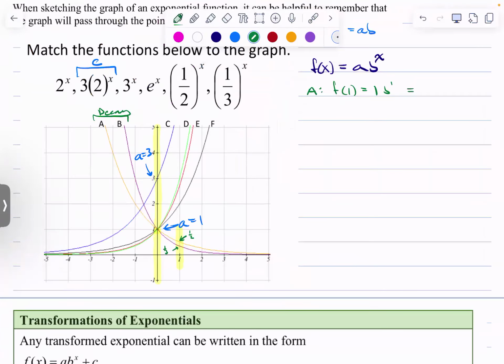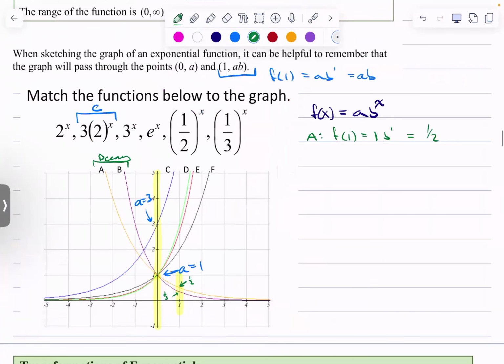So for A, b is 1/2, making this part A graph, and this a B graph, by elimination.